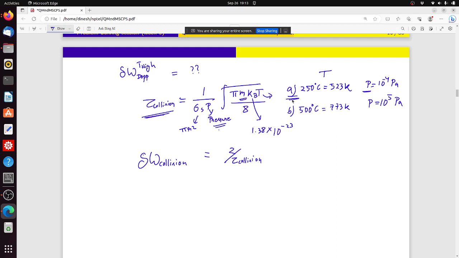So for the first case, after putting all the values, for case number A you will get around 3.38 seconds for tau collision, and if you put all these values here, you will get this collision width around 0.59 seconds.